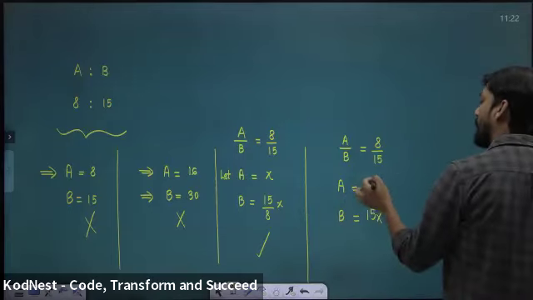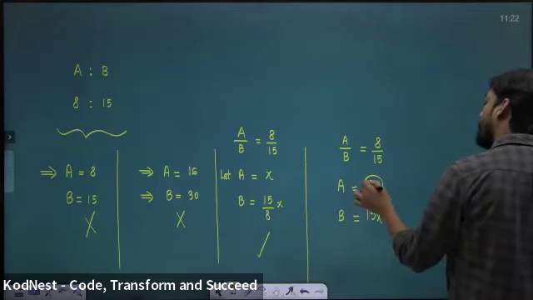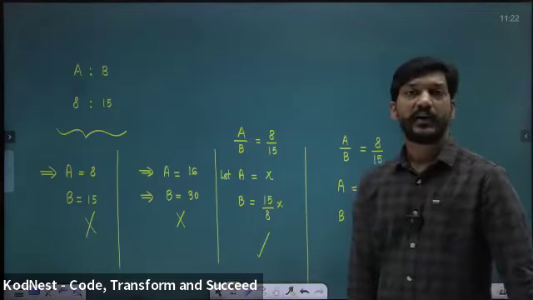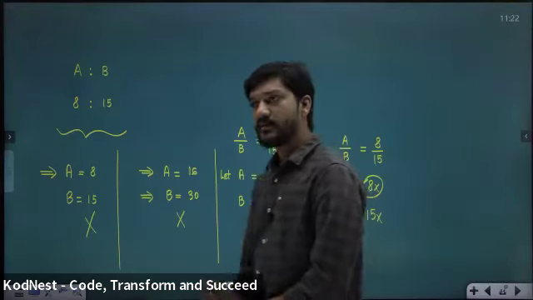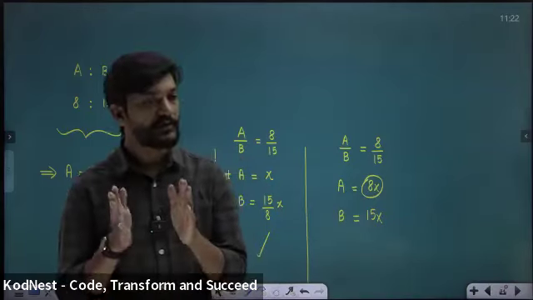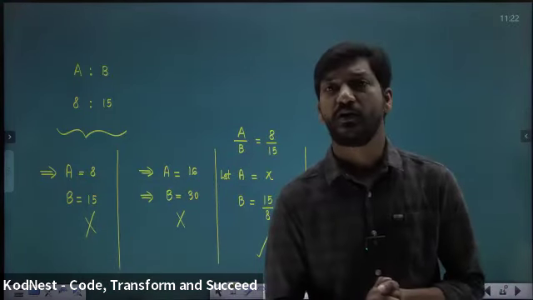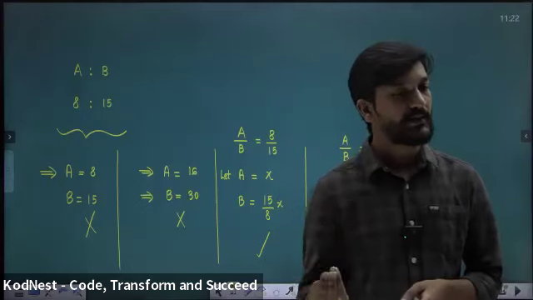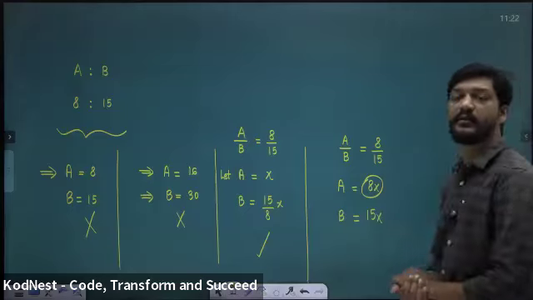A equal to 8, not 8. I cannot take 8, but I can take 8X. My dear, how? Please answer. In mathematics, is it necessary that you take something as X only? Can I not take something as 2X or 3X or 4X or 5X or 6X or 8X?